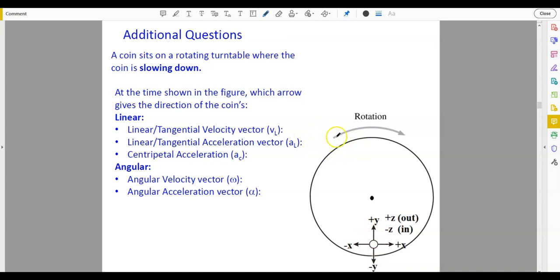However, this turntable is rotating, and it looks like it's rotating clockwise. Not only that, it's slowing down as it's turning clockwise. So what I want you to do is answer all these questions that we just did before for this case where this coin is at this instance right here during a clockwise rotation. So pause the video and try it out.